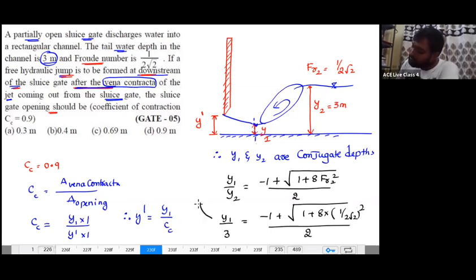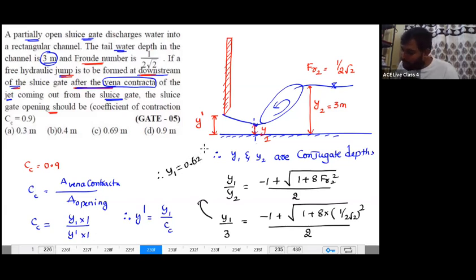So from this, y1 is equals to how much? Please tell me. 1 by 2 root 2 whole square into 8 plus 1 minus 1 by 2 into. So y1 is nothing but 0.62.